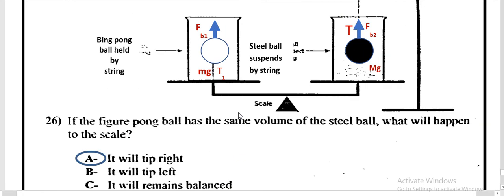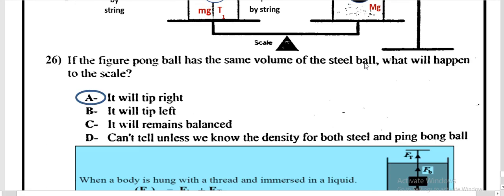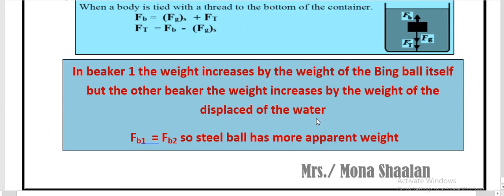So the forces that differ here will be the weight, so it will tip to the right, toward the larger weight, the larger ball, the steel ball. Beaker 1 will increase by the weight of the ping pong ball itself, as the two are equal in the buoyant force.